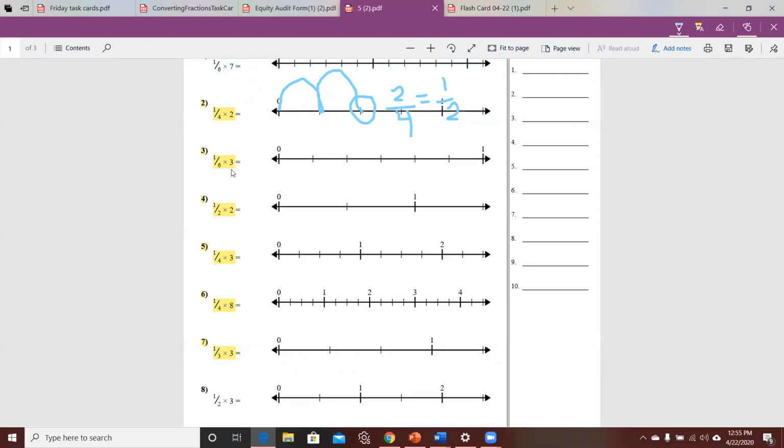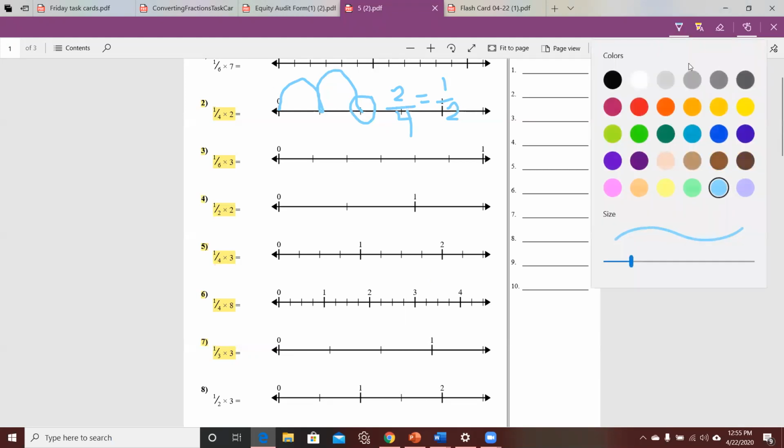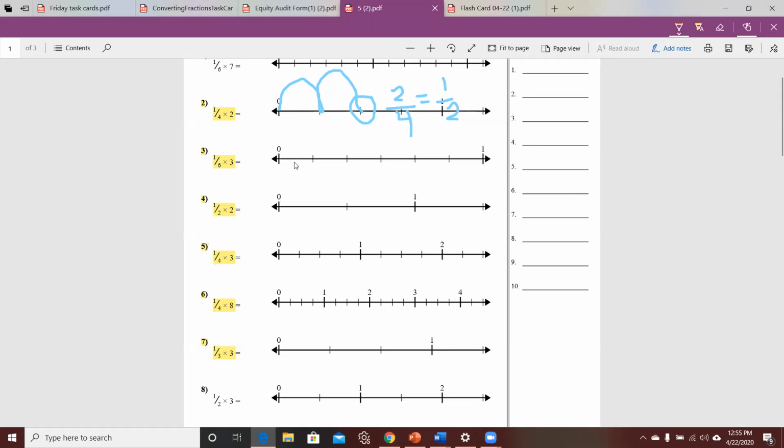This is 1/6 times 3, which would be the same as 3 times 1/6. So my jumps again are just the 1/6, and I'm going to make 3 of them. 1, 2, 3, and I land right here. Now this one is cut into 6.